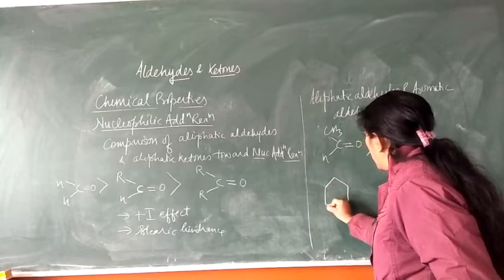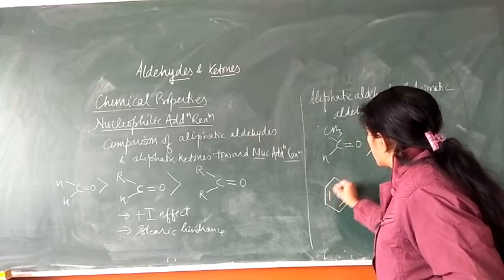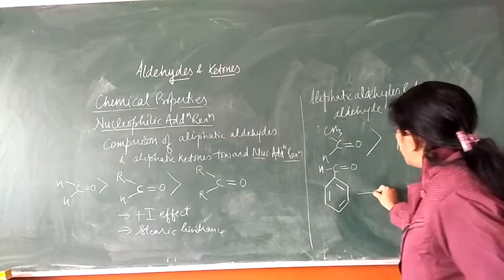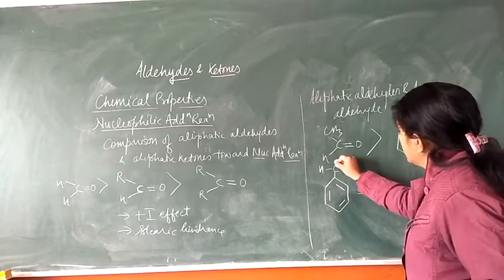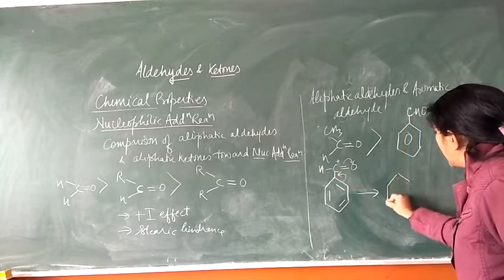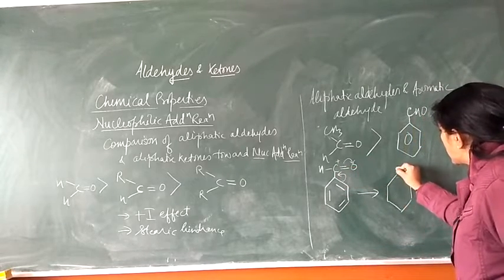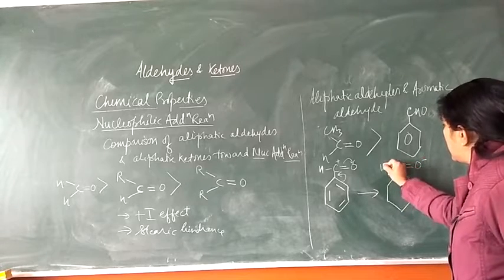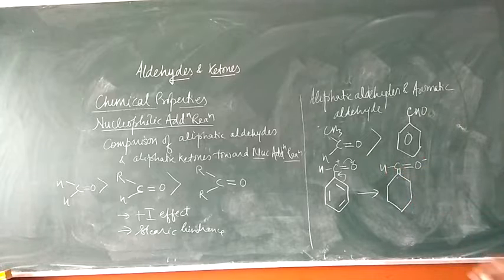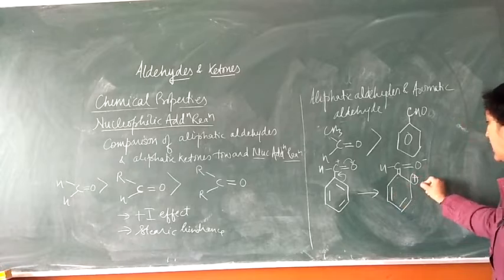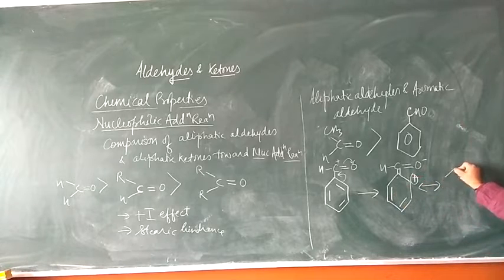Right. So if you draw the resonating structure of benzaldehyde, this is there, plus coming here, so it will be pulled in this way. So you can see that the positive charge on the carbon atom is not here. So as a result, what will happen? The nucleophilic attack will not smoothly take place.